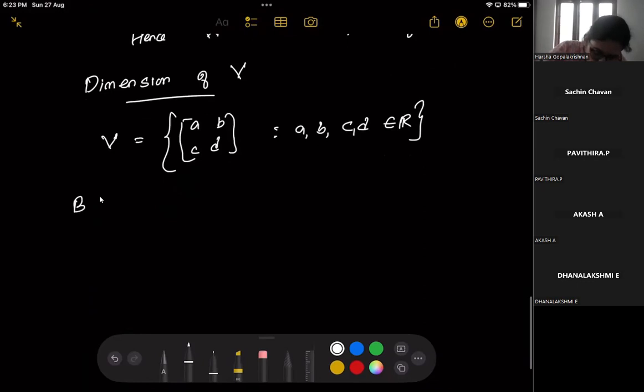There are different bases, but we have a standard basis in general. So, what is the basis of V?